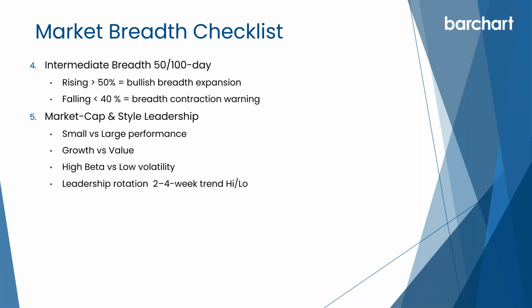Those types of things can influence market cap leadership. And certainly if we look at historicals, small cap stocks tend to lead us out of bear market bottoms. When we are in an uptrending market, then the larger caps or the mega caps tend to carry that bullish trend.